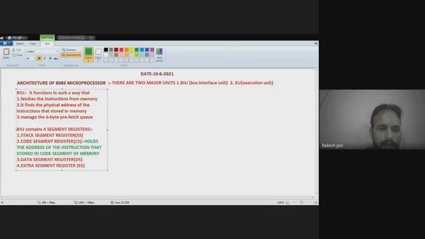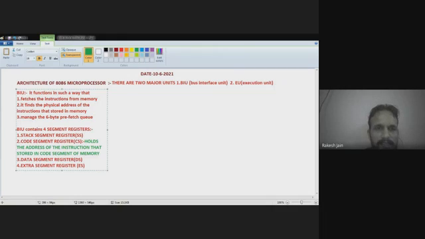Whatever instructions are in the code segment, it stores the address of those instructions. The IP contains the offset address of the next byte to be taken from the code segment. Later I will write down the IP, which is also a part of this bus interface unit.